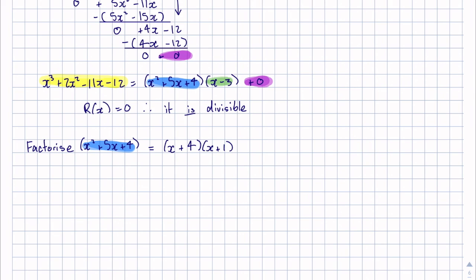So I can actually rewrite x cubed plus 2x squared minus 11x minus 12 equals, instead of the blue I can write x plus 4, x plus 1. And then I've still got my x minus 3 afterwards.